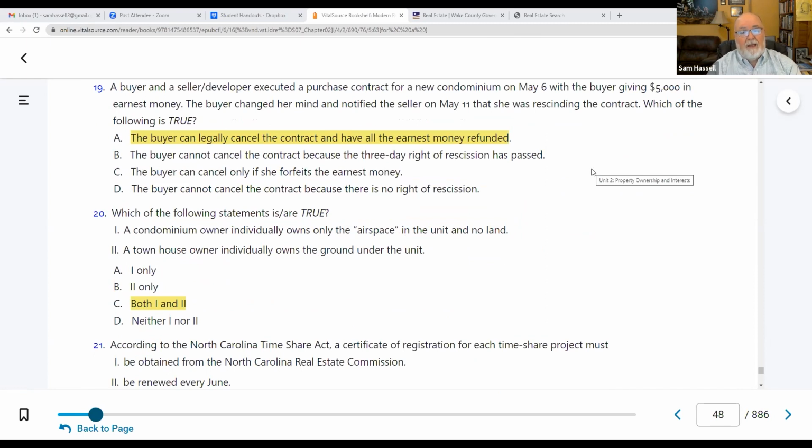What kind of right of rescission? We have 7 days, right? 7 days on new condos, none on resales, 5 days on timeshares, right? And then none on townhomes. So the buyer can legally cancel the contract and have all the earnest money refunded. Got 7 days on new condominiums.